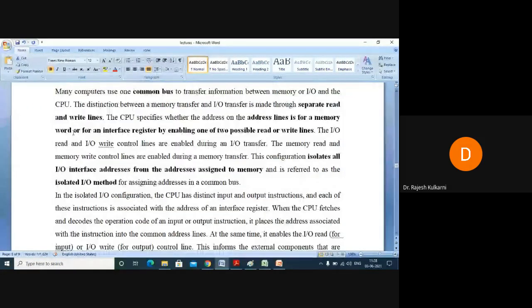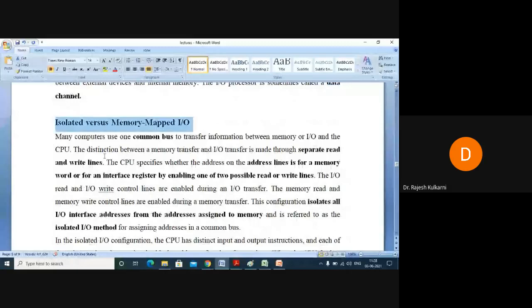Now focus on this topic: isolated versus memory mapped. You closely follow the highlighted words as well as whatever I am saying. We want to understand it in a better way.